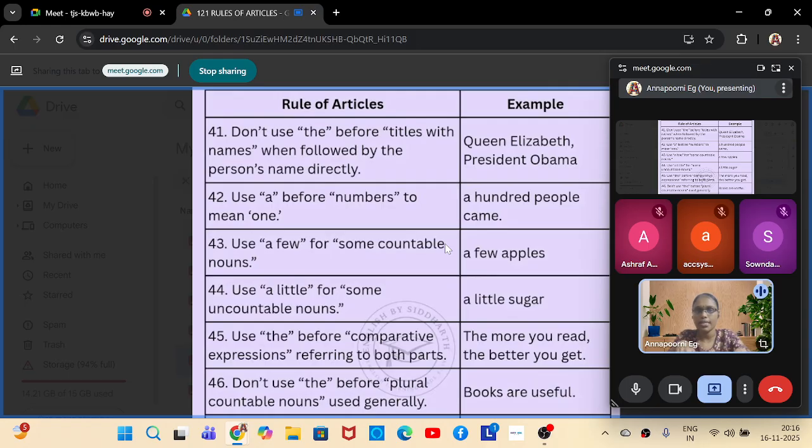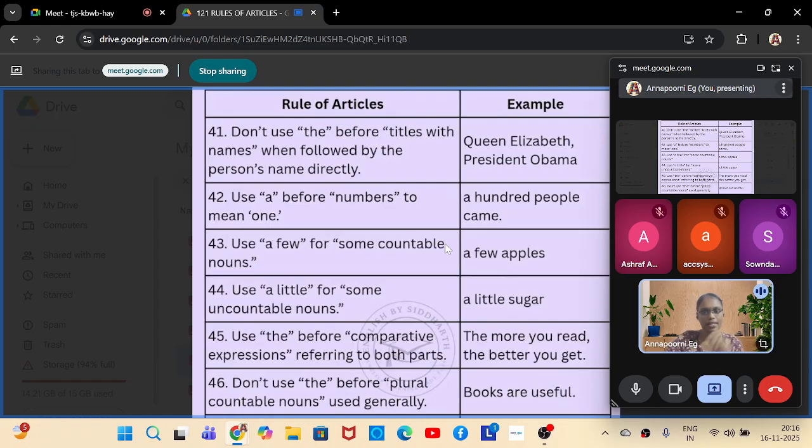So either you can say the Chief Minister of Kerala, or you can say the Chief Minister of Kerala, comma, and then you will write the name of the Chief Minister. Or there is one more way, the Chief Minister Shri Pinarayi Vijayan. At that time, generally we don't have to write the.